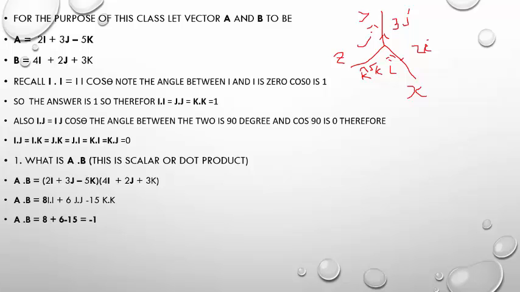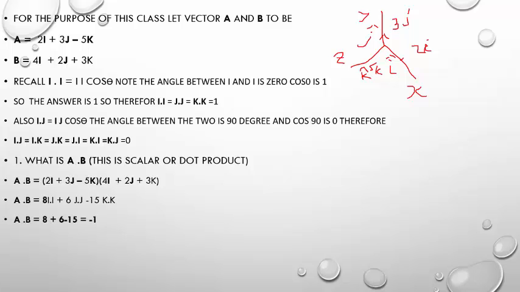Then recall that a dot b is equal to the magnitude of a times the magnitude of b, then cos of the angle between them. In this case, if you are looking at i, the magnitude of i is 1 because it is a unit vector.